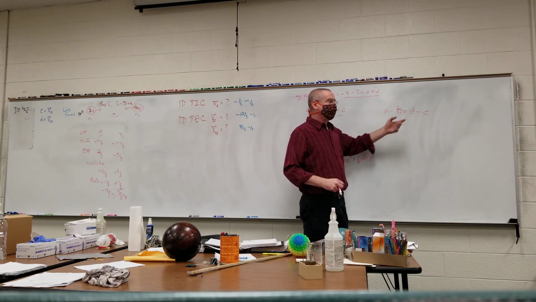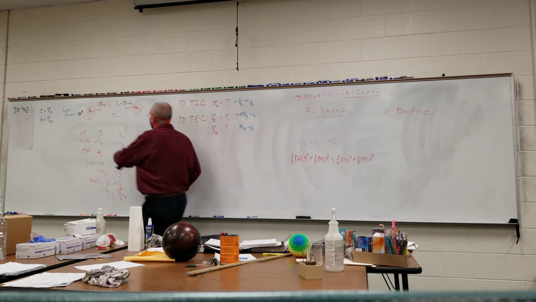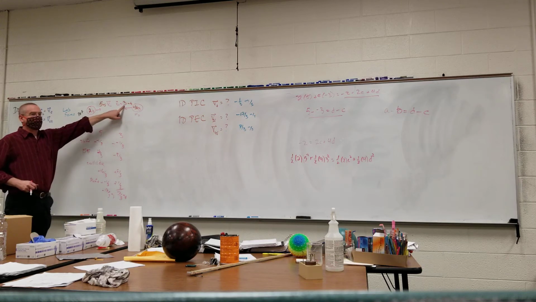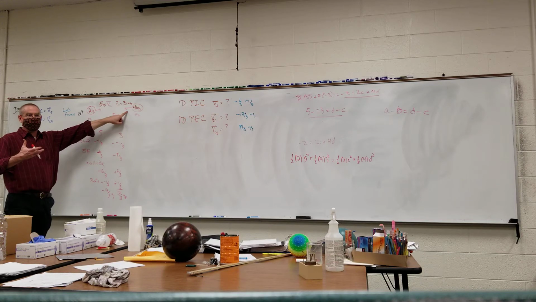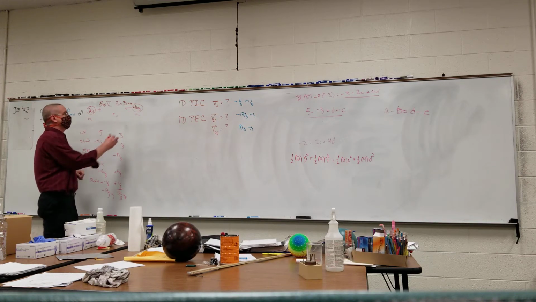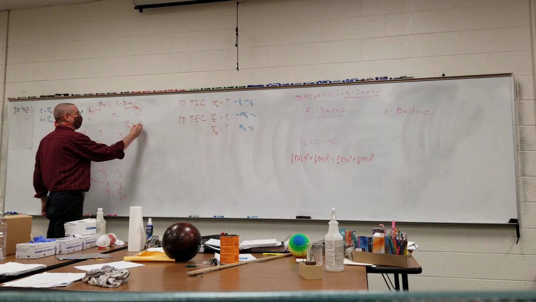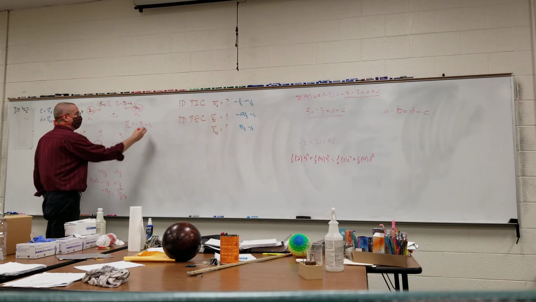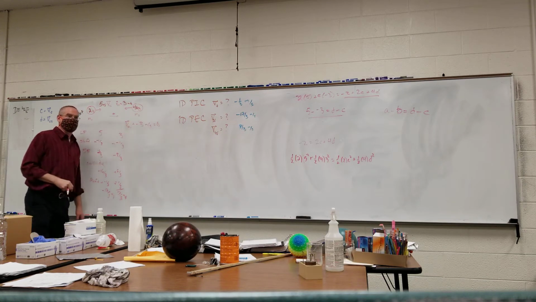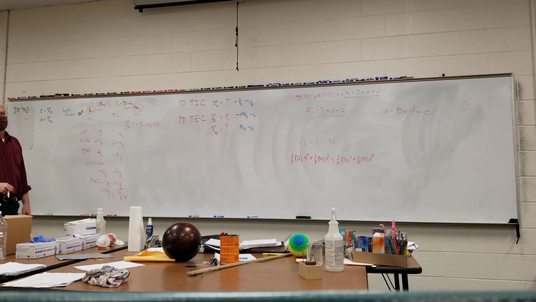If to the right is positive, I wrote 3 meters per second to the left, but in terms of a velocity, it would be negative 3 meters per second. And so that's why the initial velocity is negative 3 meters per second, which is labeled as b over there. Is that sufficient? Yeah, okay, I see.